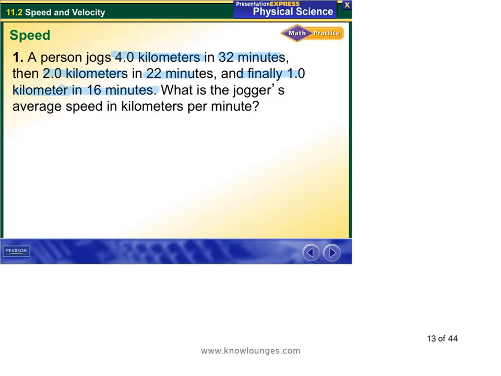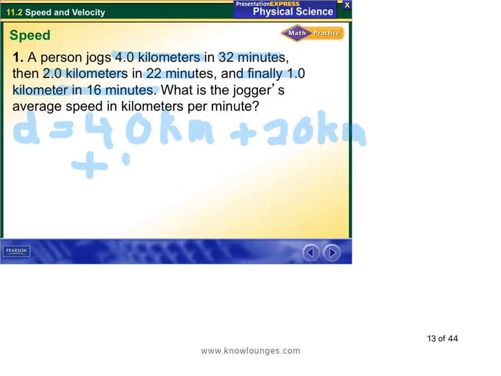So we pull that information out of the problem, and our distance becomes 4.0 kilometers plus 2.0 kilometers plus 1.0 kilometers, resulting in 4 plus 2, 6 plus 1, 7, 7.0 kilometers.